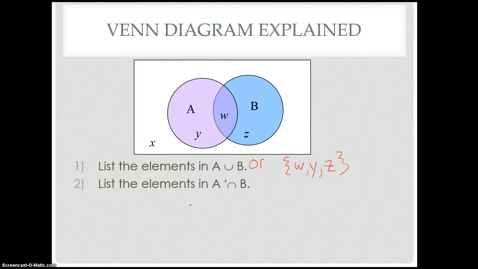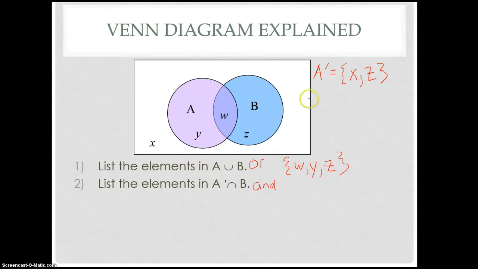Alright, so let's list the elements in A complement intersect B. Let's go over what A complement is first. A complement is the set of things that are not in A. So that would be X, which is not in either one of the sets, and then we've got the element Z. So that's what's in A complement. Now we're going to intersect that with what's in B. Now remember, whenever we see the intersection symbol, we're thinking of the keyword and.